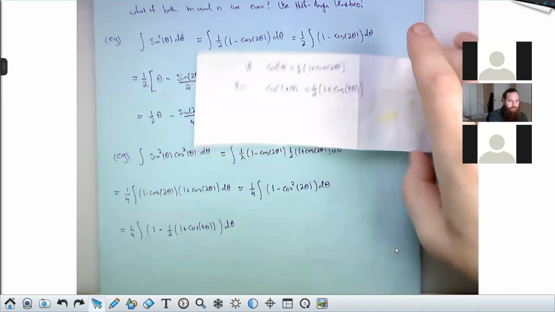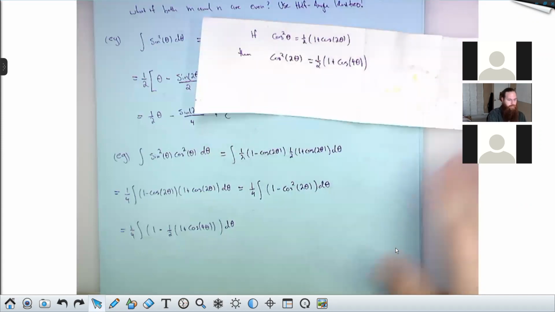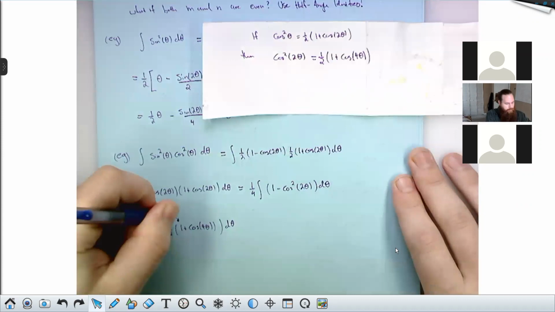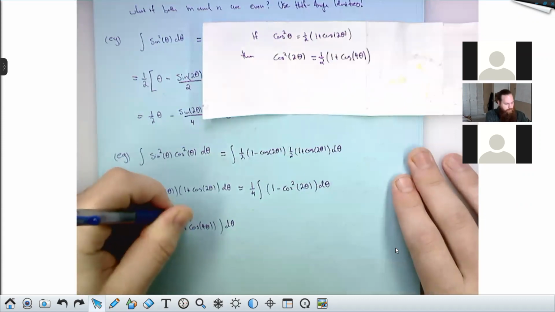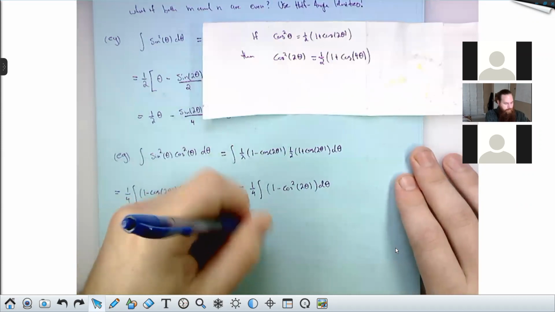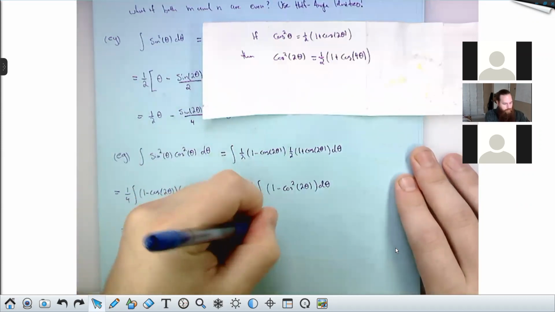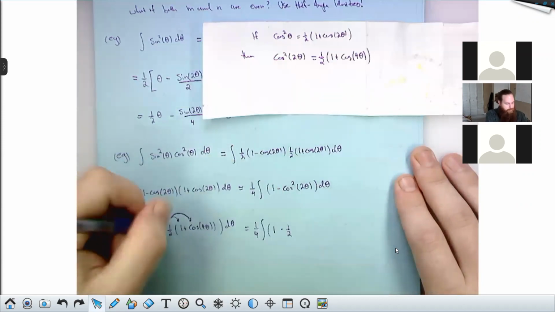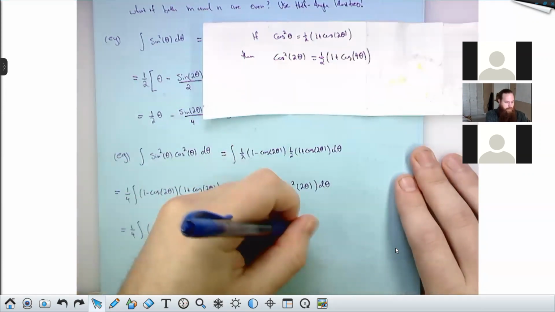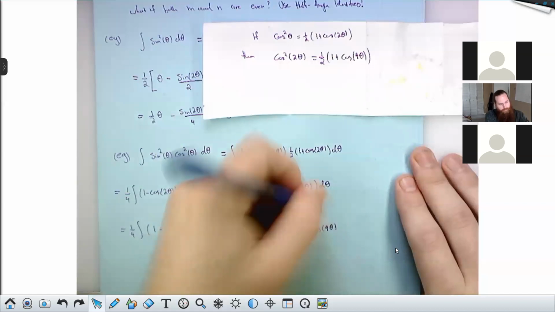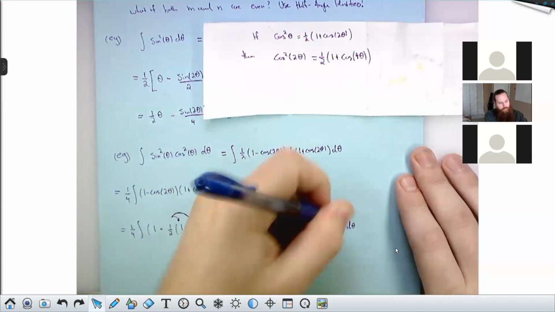So once I have that, now I can distribute this 1/2, and I'll get 1/4 integral 1 minus 1/2 minus 1/2 cos 4 theta d theta.